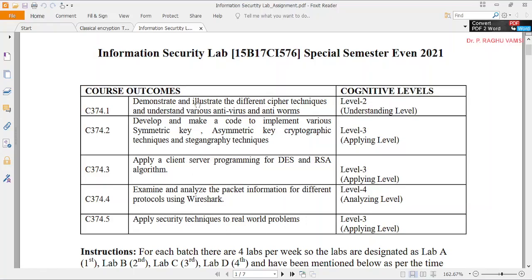Most of these concepts you may be aware of, but here we are mainly focusing on symmetric key and asymmetric key cryptographic techniques and client server programming. While applying client server programming, how can we implement public key and symmetric key algorithms, and also how to analyze the packets using Wireshark. These are the three main focus areas for this particular lab.